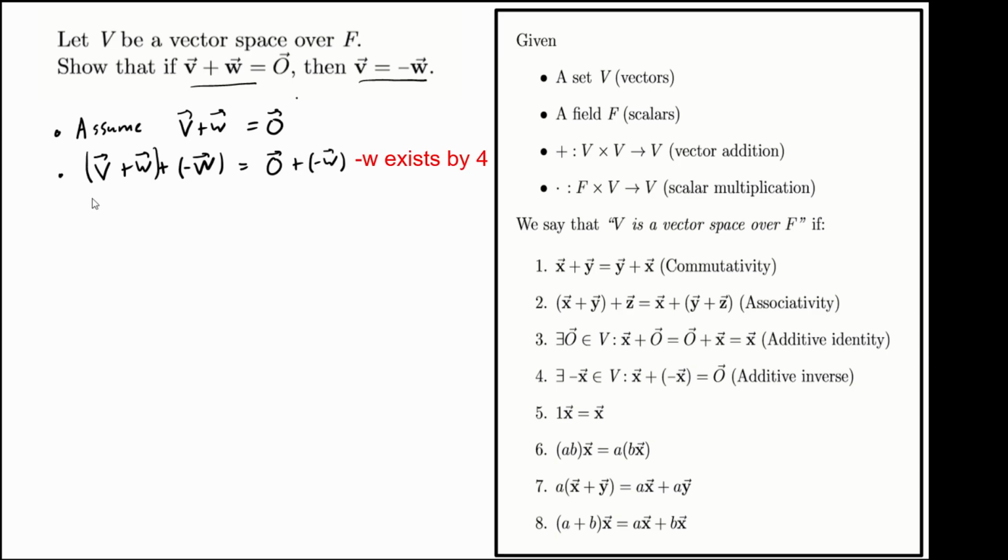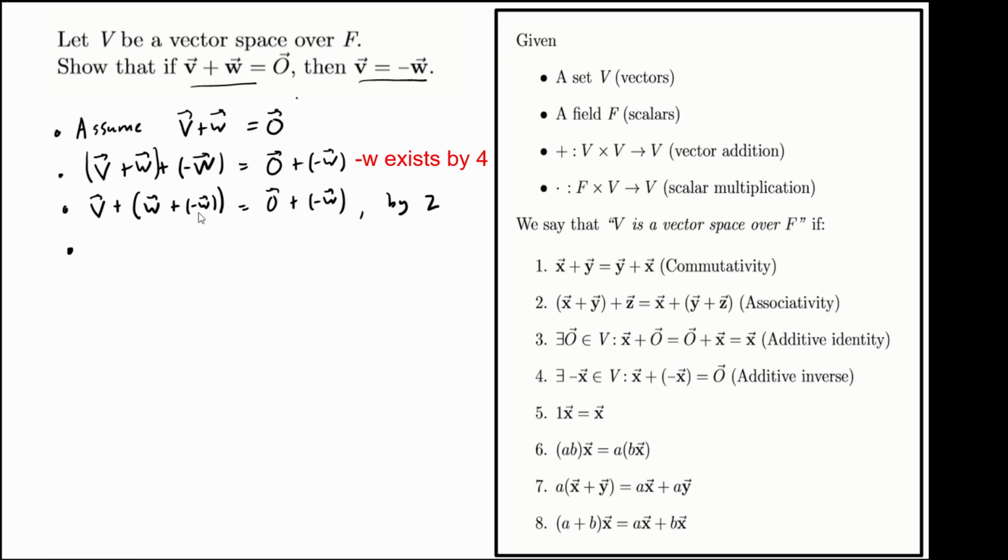All right, now I use the fact that vector addition is associative, so I have V plus W plus minus W is equal to zero vector plus minus W. This is by 2, the fact that it's associative.